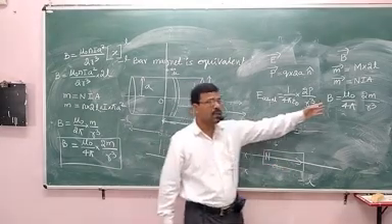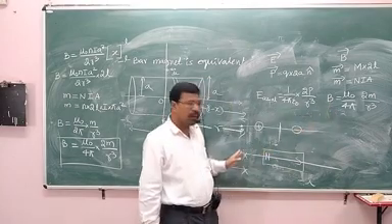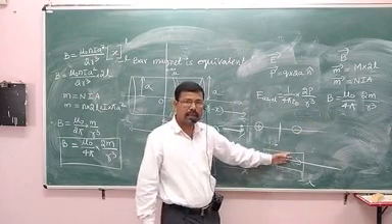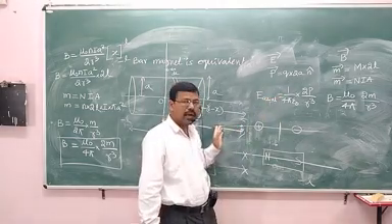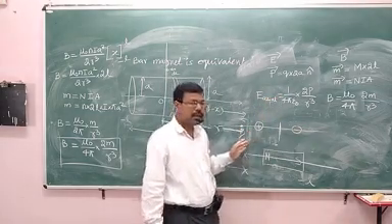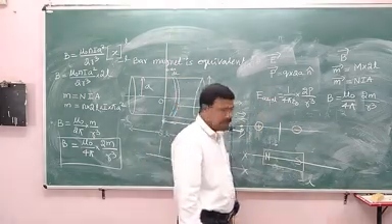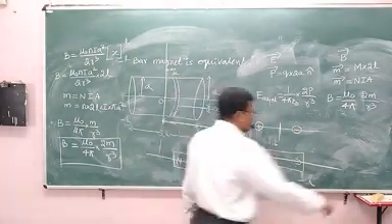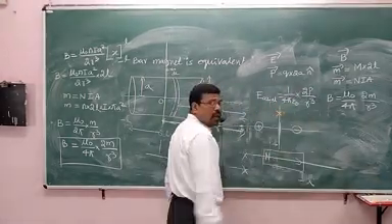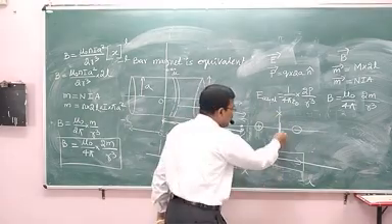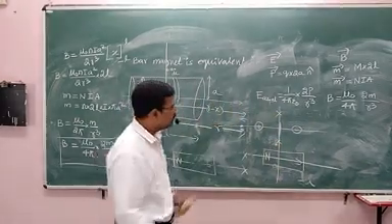This is the magnetic field at a point on the axis of the magnetic dipole, and this is the electric field at a point on the axis of the electric dipole. Similarly, we can also write the electric field at a point on the equatorial line and the magnetic field at a point on the equatorial line.